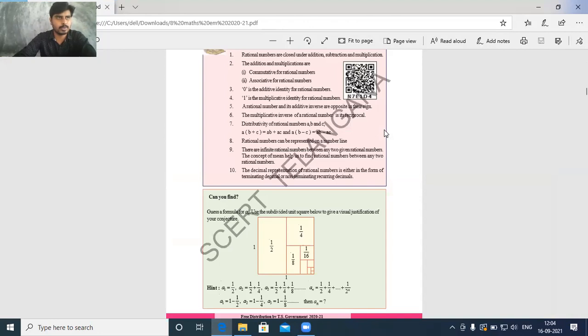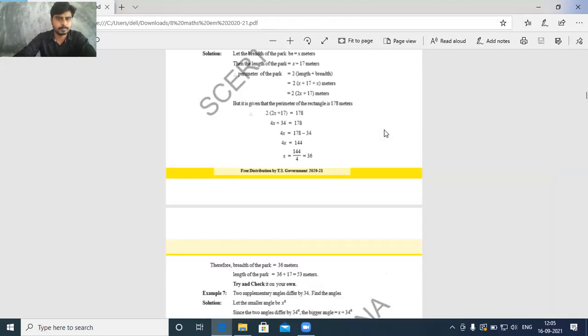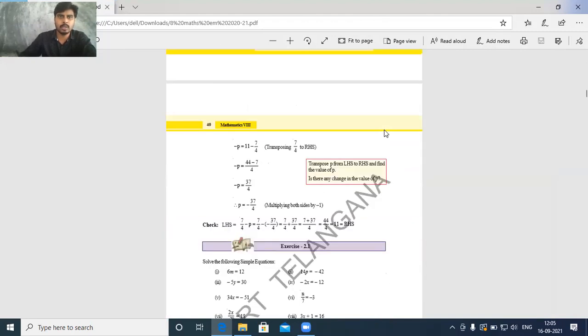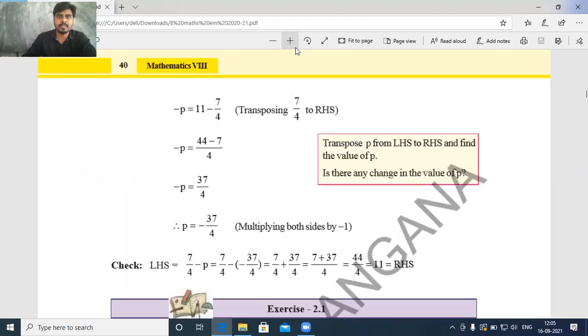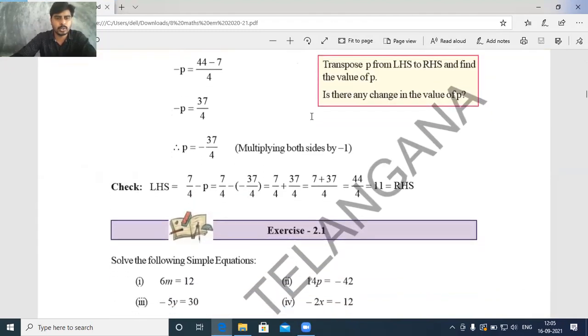We have 16 problems, Nana. All are transposing problems. Please, can you try? Start now. Do it now itself. Not homework. You just do it now.